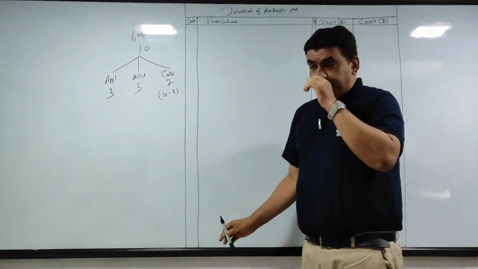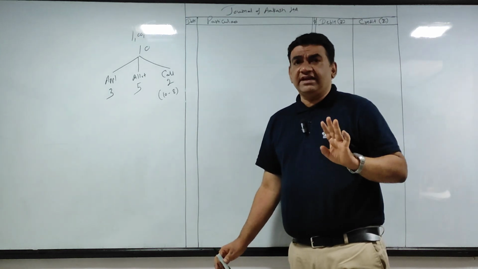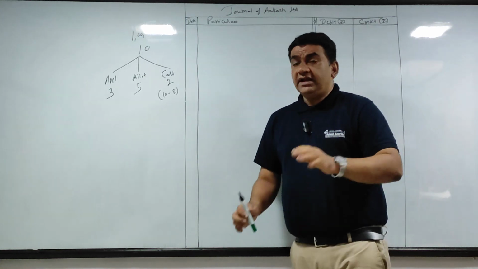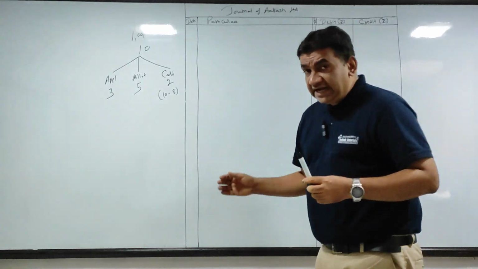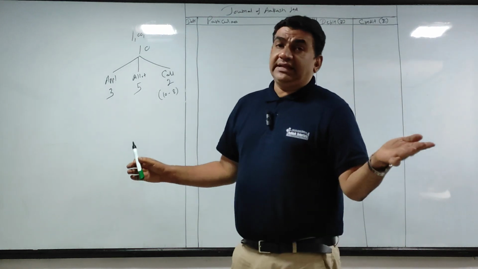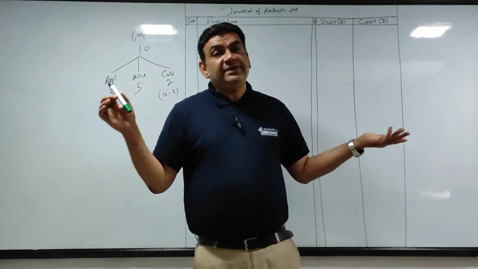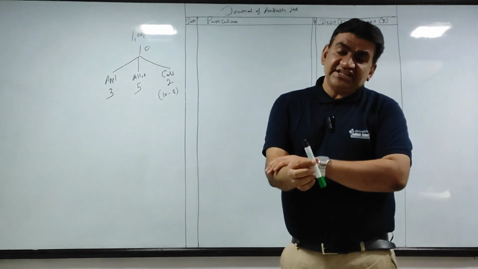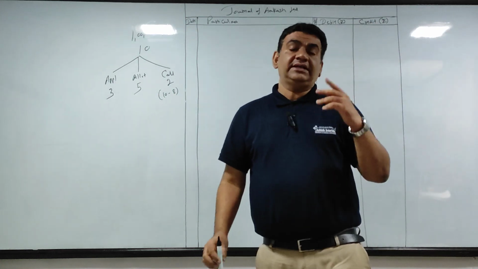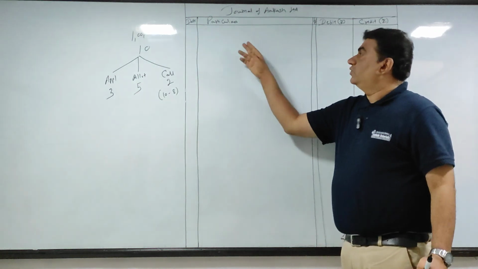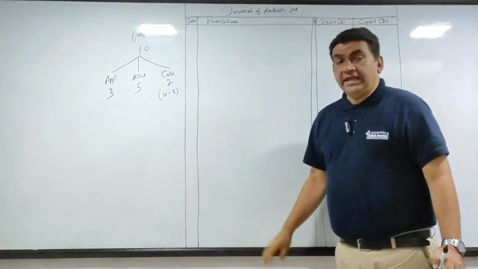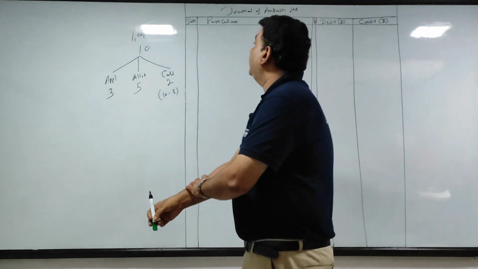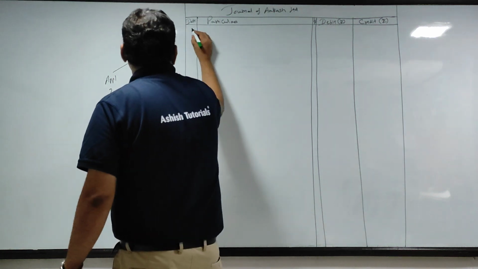Now understand this very carefully. We are going to record journal entries for the company. The name of the chapter is Company Accounts, Accounting for Shares. Shares can be issued only by the company and therefore we will be recording the entries in the books of Aakash Limited.